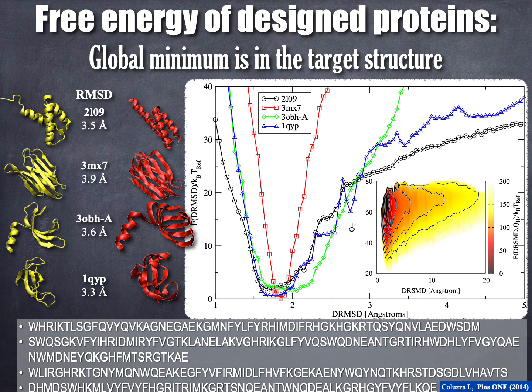To measure such distance, we projected the entire conformational space over the distance root mean square displacement, which is a common measure of structural difference. The smaller the value of the distance root mean square displacement, the closer you are to the target configuration.